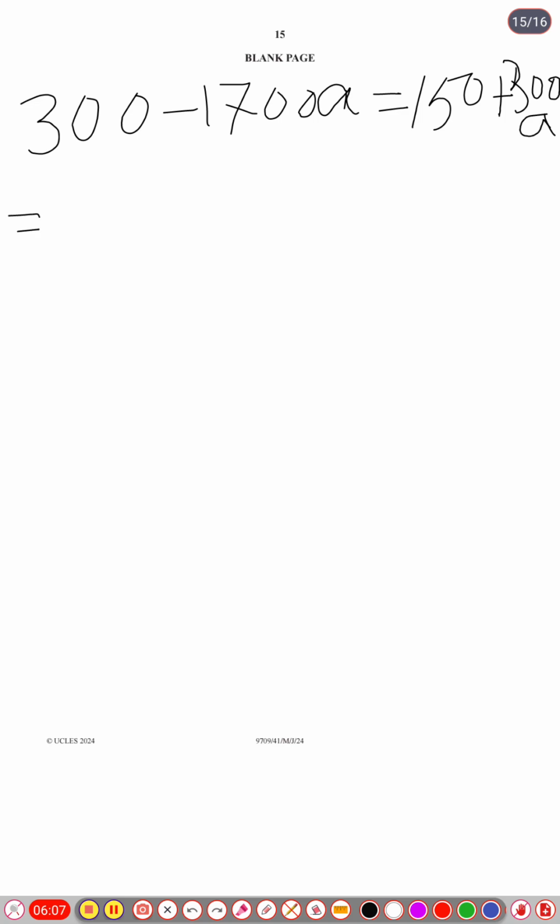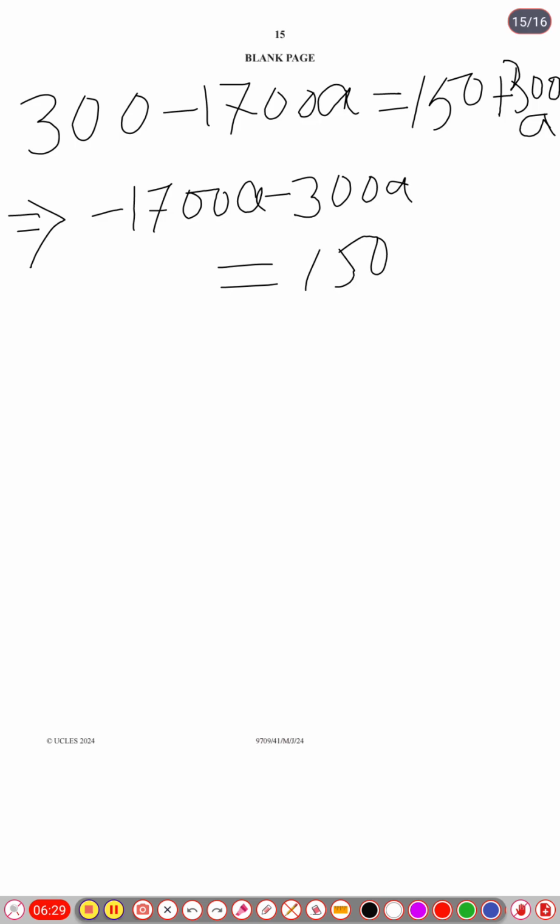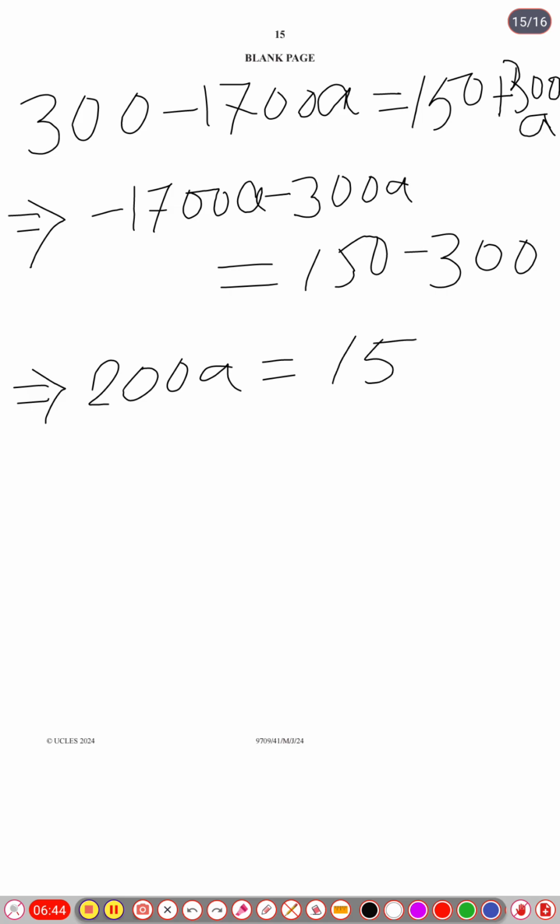Well, if we do simplification through transposition, it is going to be 300 minus 150 equals 1700a plus 300a. If we subtract 150 from 300, it's going to be 150. So 2000a is equal to 150. So let's find a.